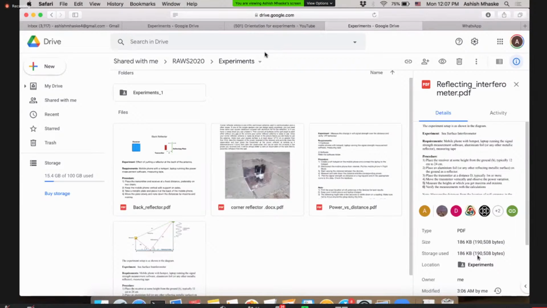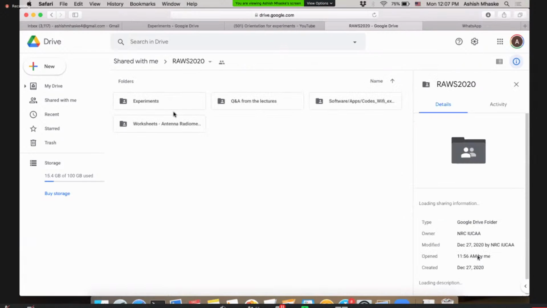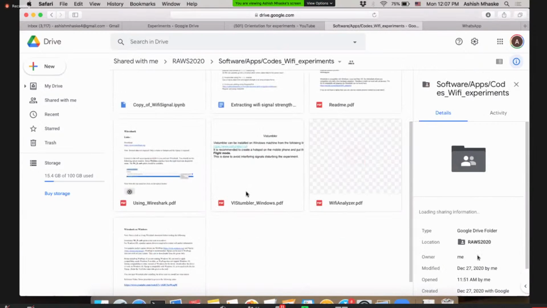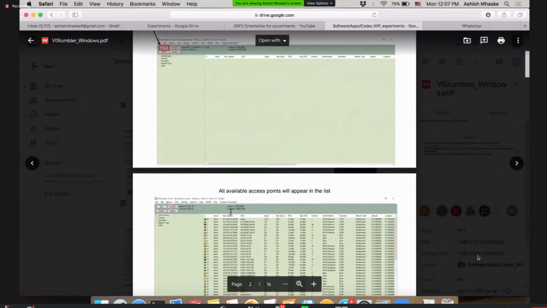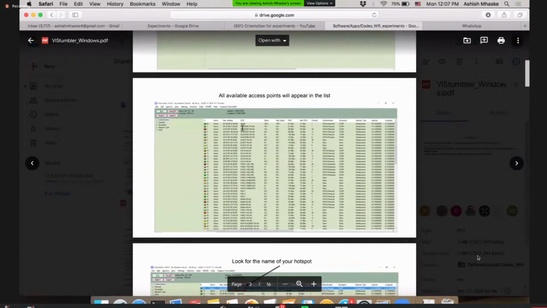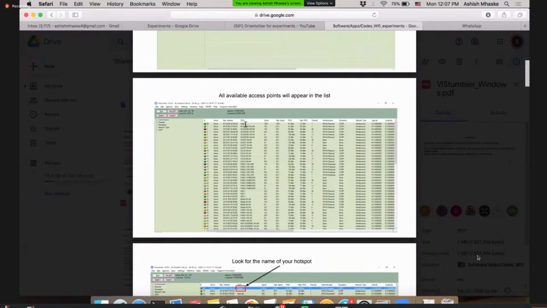Ashish, somebody's asking, I have a network beside my home. Will that create any problem? I guess you are connected only to your cell phone and you're filtering it, so it should not affect that. As I showed in this document, if you have more than one connection around you, all of them will be listed here, and you have to filter out just the one you are interested in, that is your mobile hotspot.